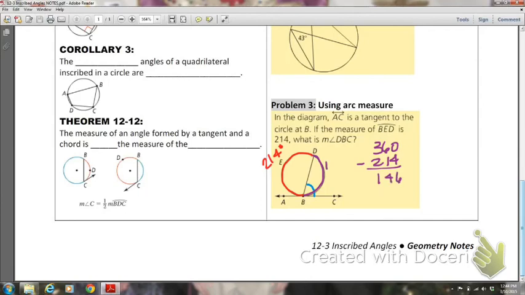So the measure of this arc is 146, and the measure of angle DBC is half of arc BD, which you just found to be 146. So half of 146 is 73 degrees.